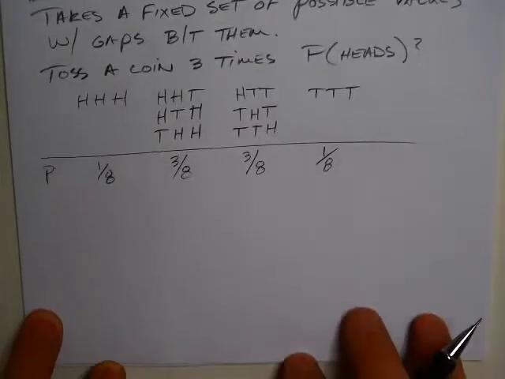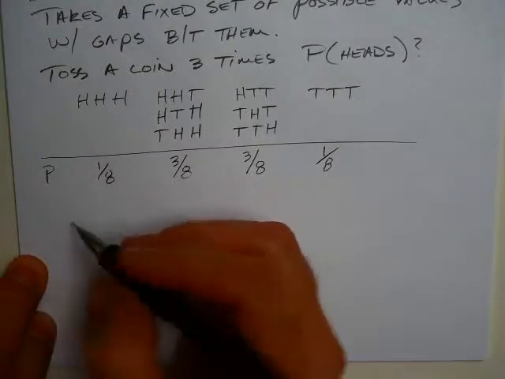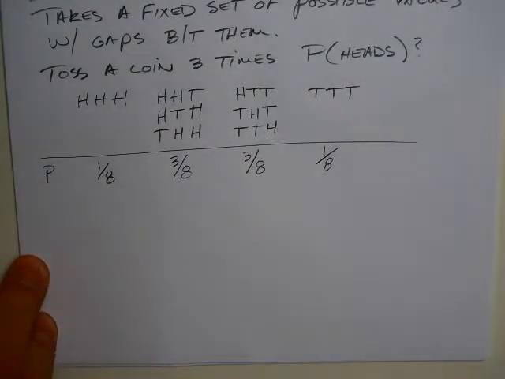So let's say we do this many, many times. I flip 3 coins and I write down the response, and I do it again and write down the response, and again, and how many heads would we expect after many, many trials?